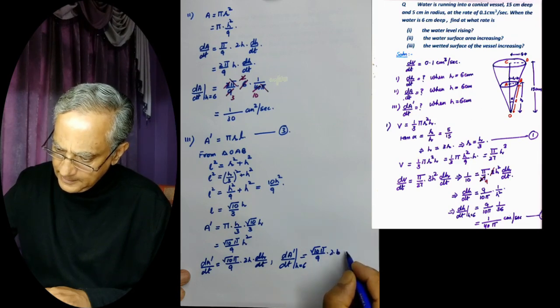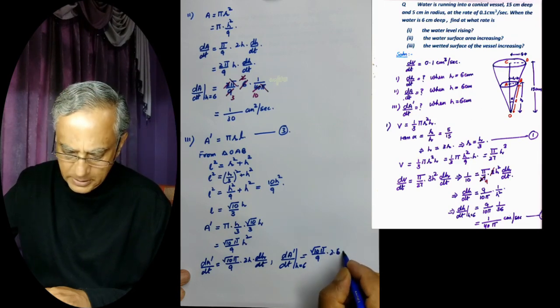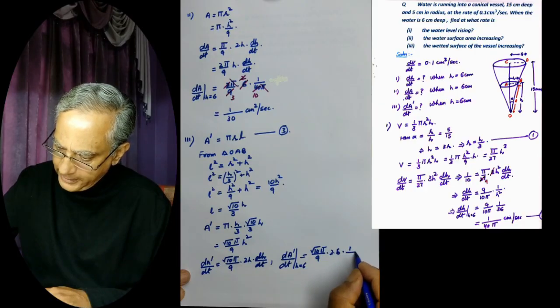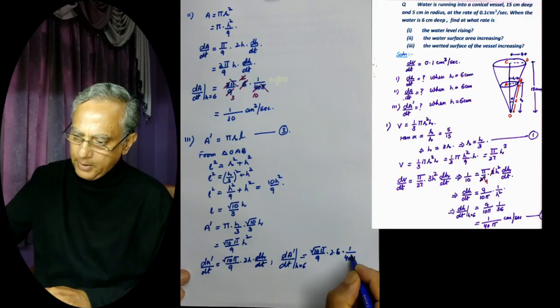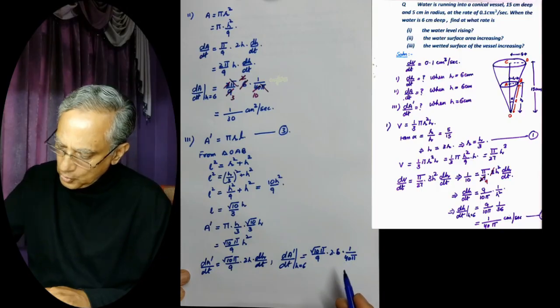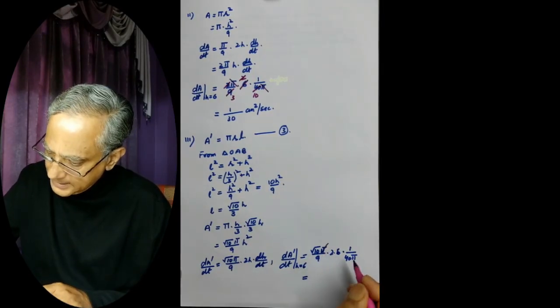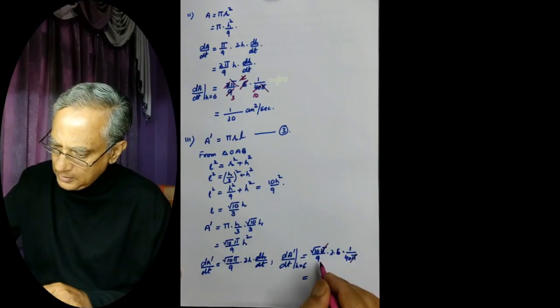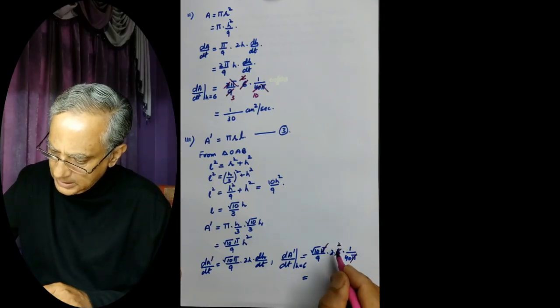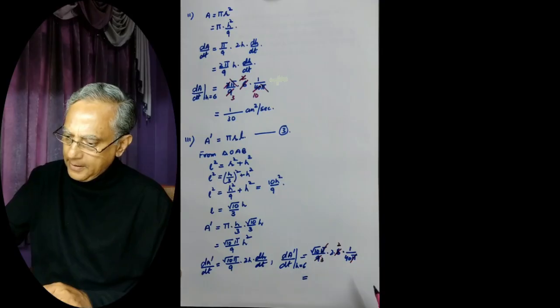So 6 into dH by dt, which is 1 by 40 pi. Now this pi cancels with this. 3 2s are 6, 3 3s are 9.